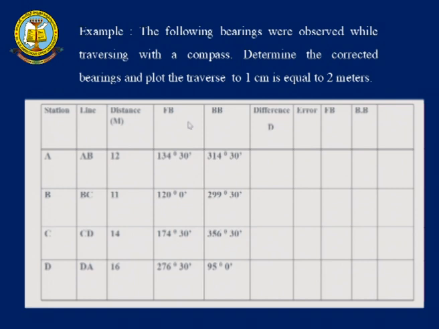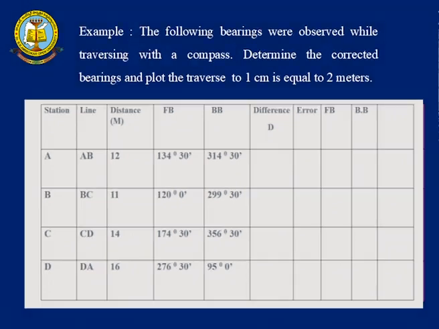It is 134 degrees 30 minutes. So you note down this reading on paper or a survey book, and then from station A you have to measure the distance by tape from station A to station B. The distance is 12 meters. Here I have measured that 12 meter distance.